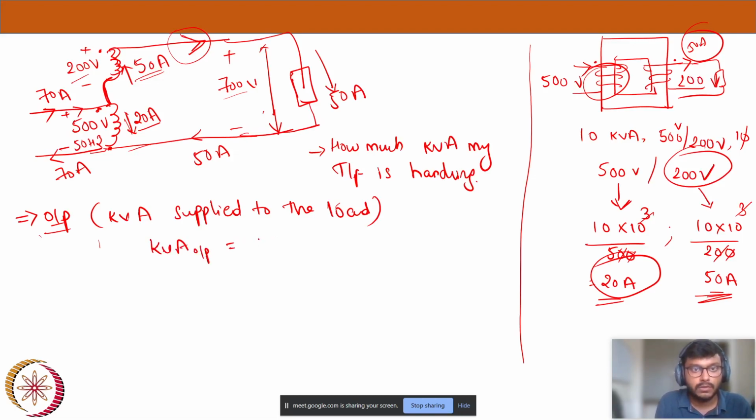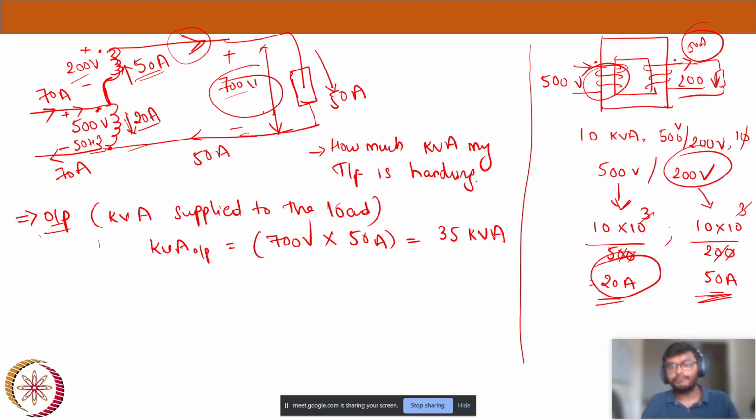Output kVA is equal to 700 volts. You can see here the voltage is 700 multiplied by 50 amps. How much is it? 35 kVA. So this is the kVA that is supplied to the load. So if there are no losses, the same kVA must be supplied by the source also. That is the source supply. Let's see that as well.